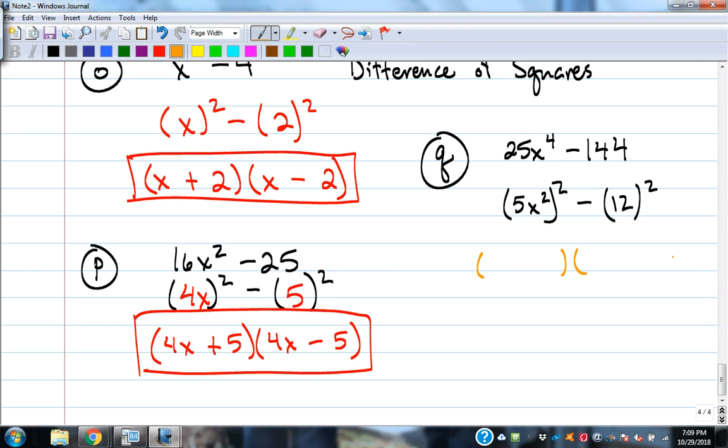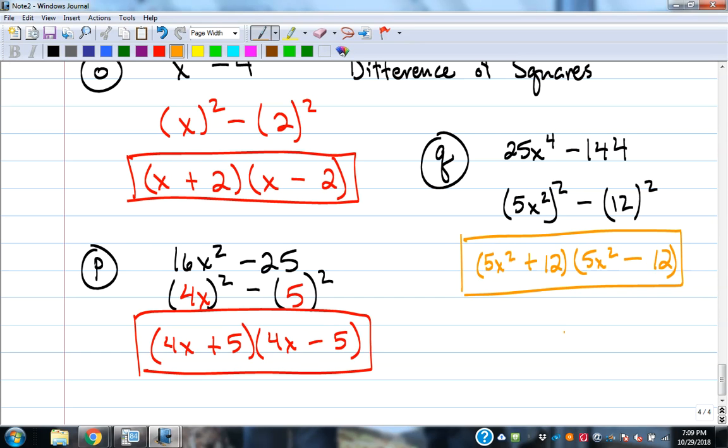What are my two factors then? 5x squared's in the front, 12's in the back. 1's a plus, 1's a minus. Bam. Differences of squares. It's a programmed pattern. Okay, you see it, you rewrite it, you get your factors.